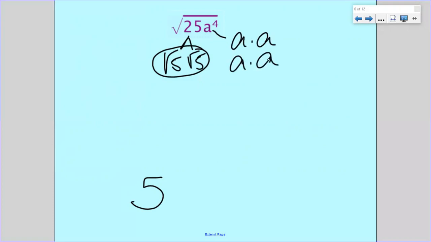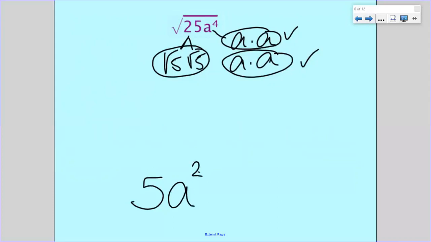All of these are multiplied together. But I've got a pair, and I've got another pair. So I have 2 pairs of a's. So for every pair, an a comes out because it's the square root of a squared, right? So I have 2 pairs, so I'm going to have a squared. Now there's nothing left. We've used these and these, so I'm finished. 5a squared.